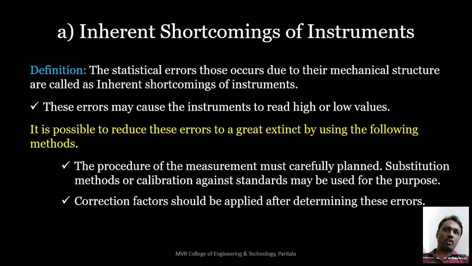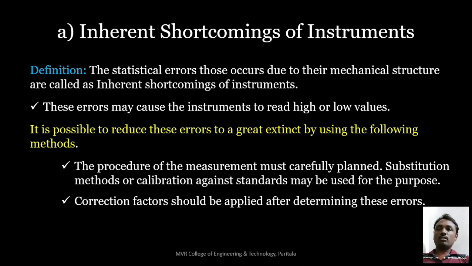This point applies if the instrument is precise. Suppose, take a voltmeter, that always shows a 2 volt difference. What do we have to do? If it shows 2 volts plus, we have to subtract 2 volts.